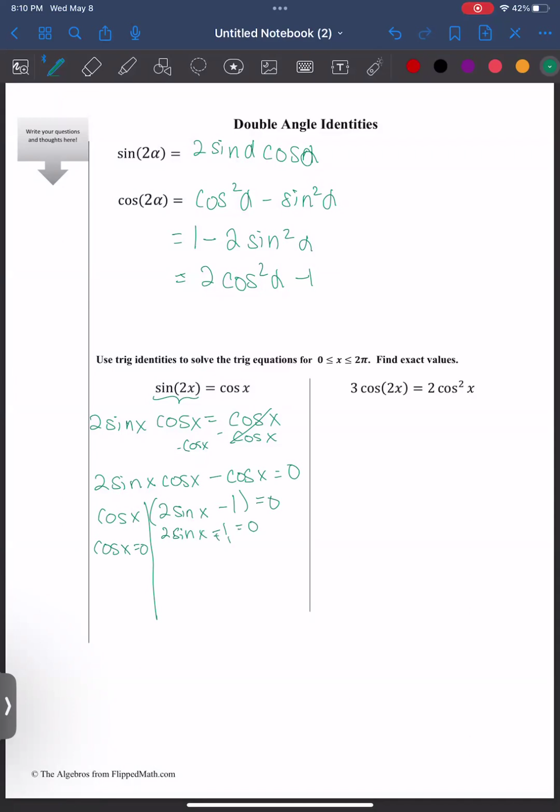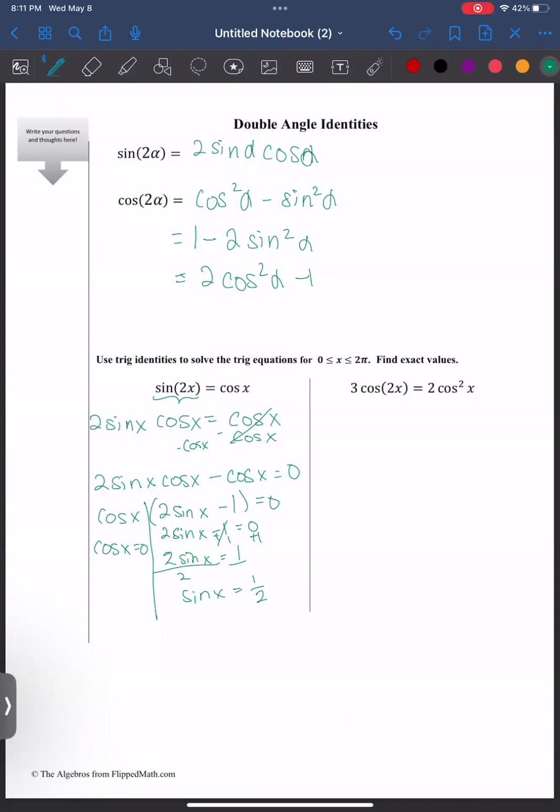I'm going to add 1 to both sides. Then I'm going to divide by 2, and that's going to be when sine of x is equal to 1/2. So I'm now looking for when cosine of x is 0 and when sine of x is 1/2.